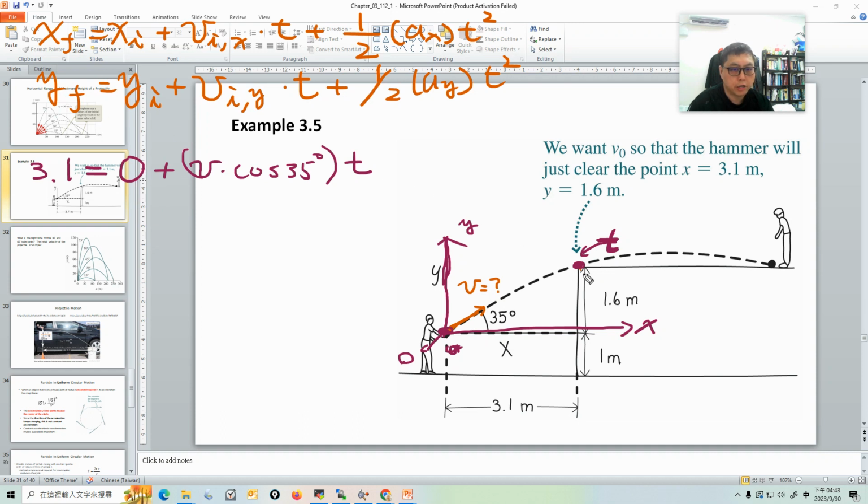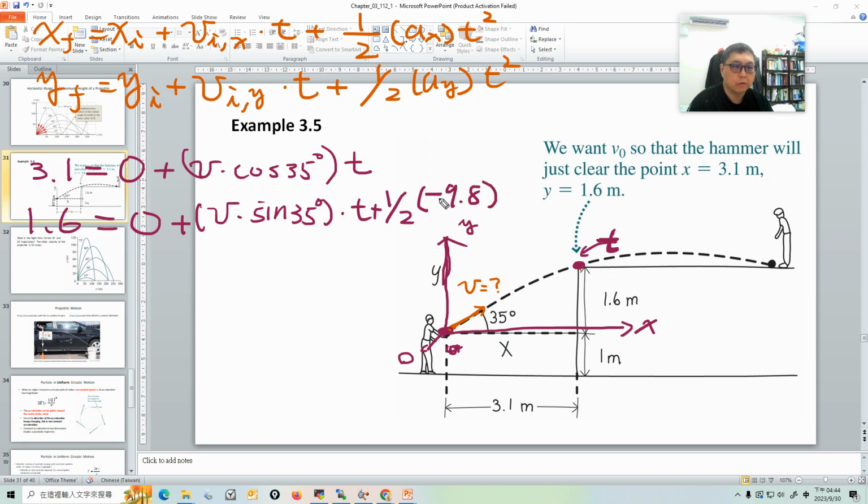For the y direction, at point t the position of y is 1.6. Be careful, because the coordinate origin is here, it's 1.6, not 2.6. The initial position of y is 0, and the initial velocity of y is v sine 35 degrees times t, plus 1/2 times the acceleration in the y direction, which is minus 9.8.